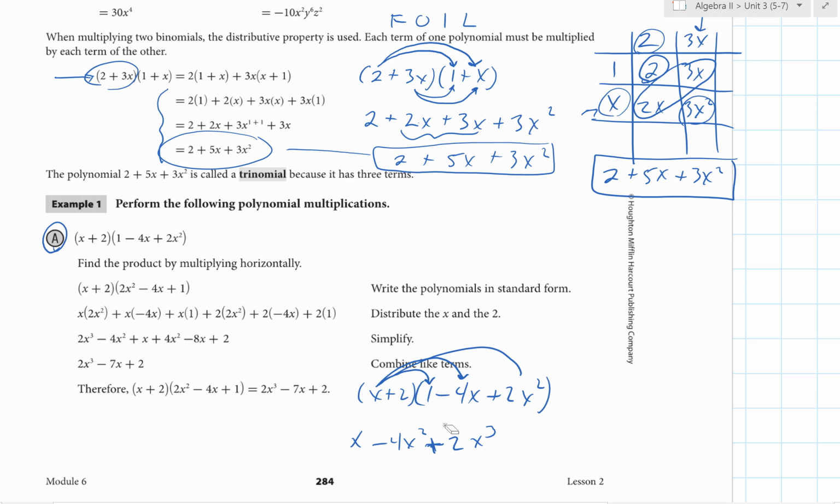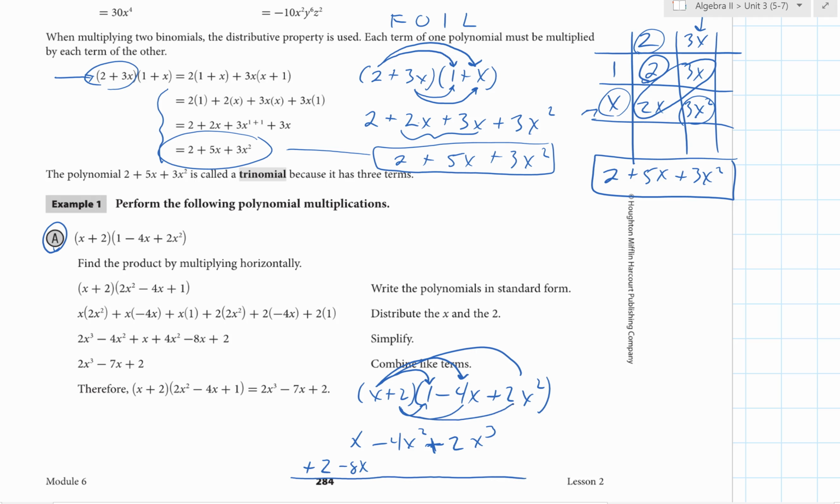So doing that step by step, 2 times 1 is 2. So I'm going to put plus 2 out here. It doesn't match up with any of the other terms. And then minus 8x, so I'm going to put minus 8x here right underneath the other x so that we can add those vertically.